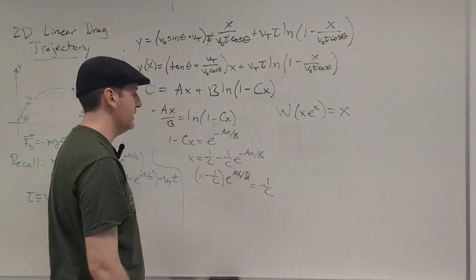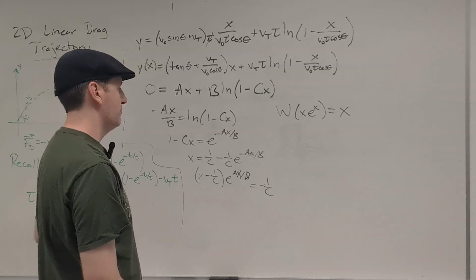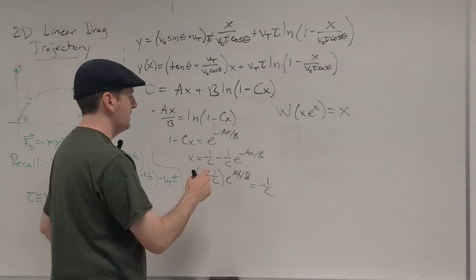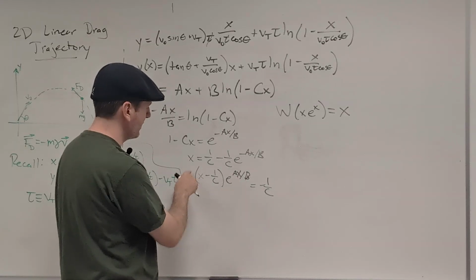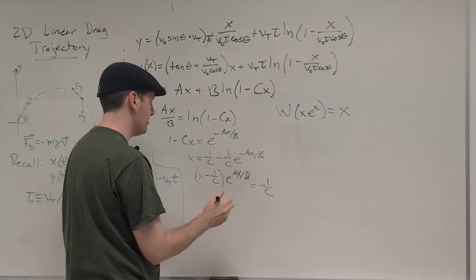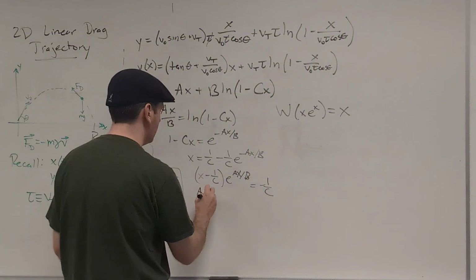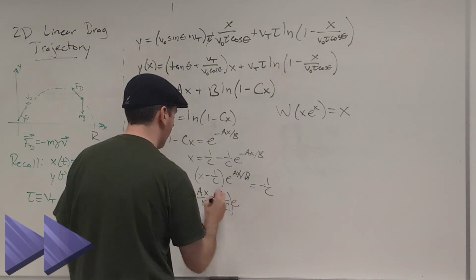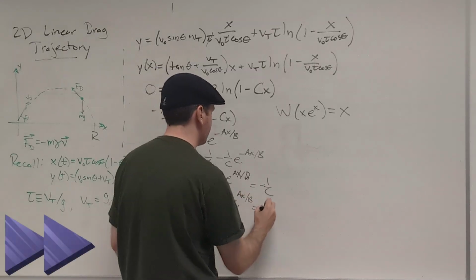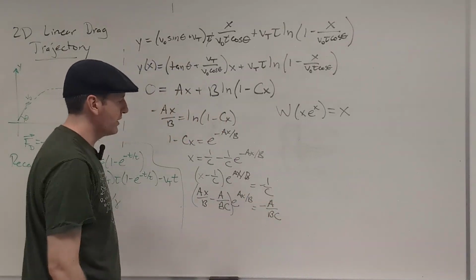Okay. Getting there. Now let's go ahead and multiply both sides by a over b, because notice that'll give me the right prefactor here-ish. And I'll go ahead and distribute that in. Okay, we're getting there.